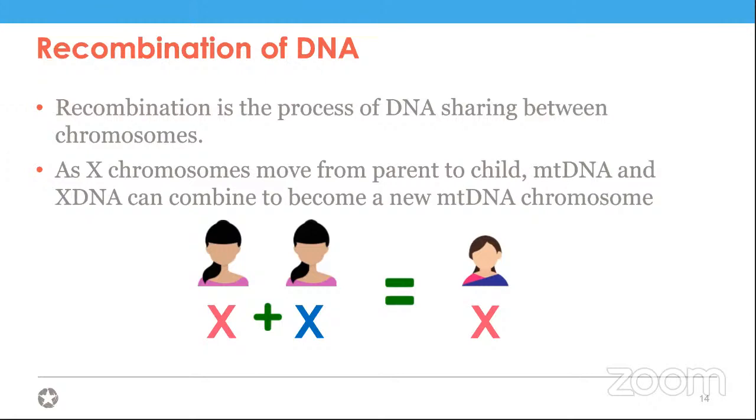And it's going to be a new car to her, just like it's going to be a new X to her, but it's going to have a combination of the maternal X and that paternal X to be taken in and be her new X. And the same thing will happen as it's passed on to her daughter and her children.